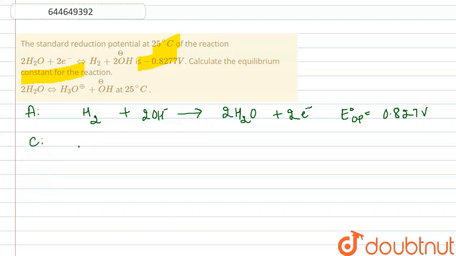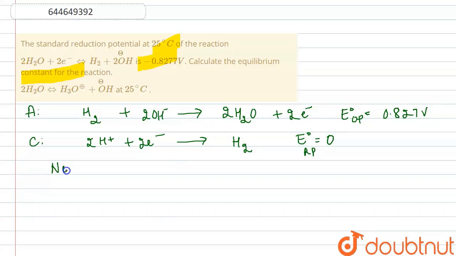The reaction which is taking place at cathode is what? It is 2H plus 2 electron forming H2, and we know that E naught here will be equal to 0. That is the E naught reduction potential.